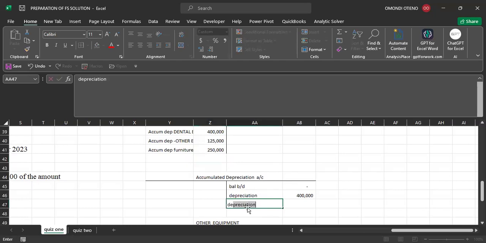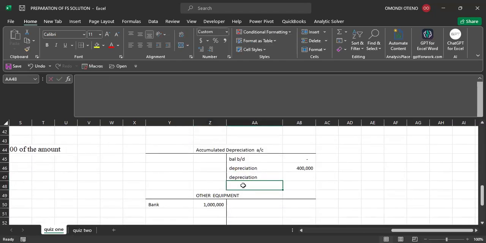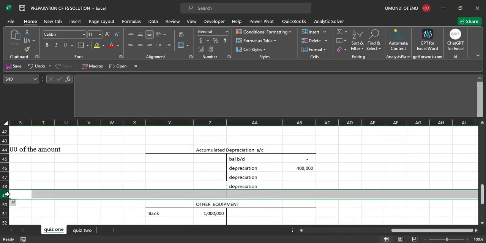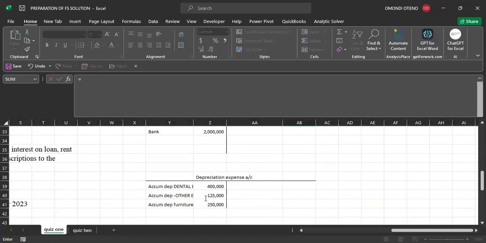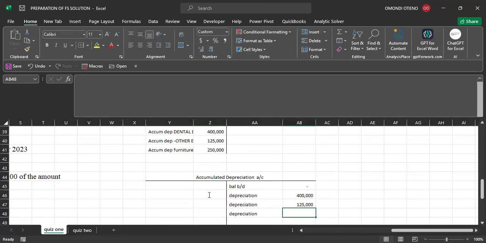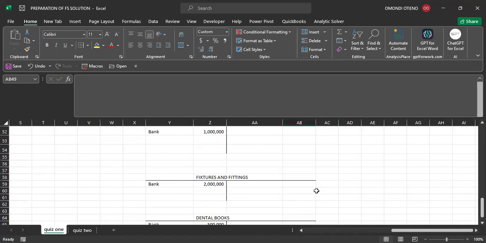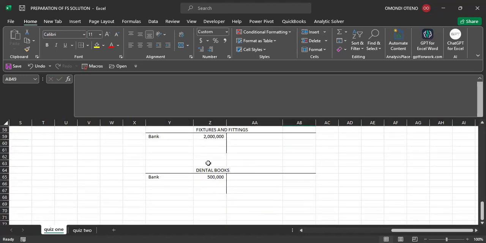So we have this amount coming from the depreciation. Remember, the accounts are kept at cost. So you only interfere with the account if you are going to dispose of any of the assets.